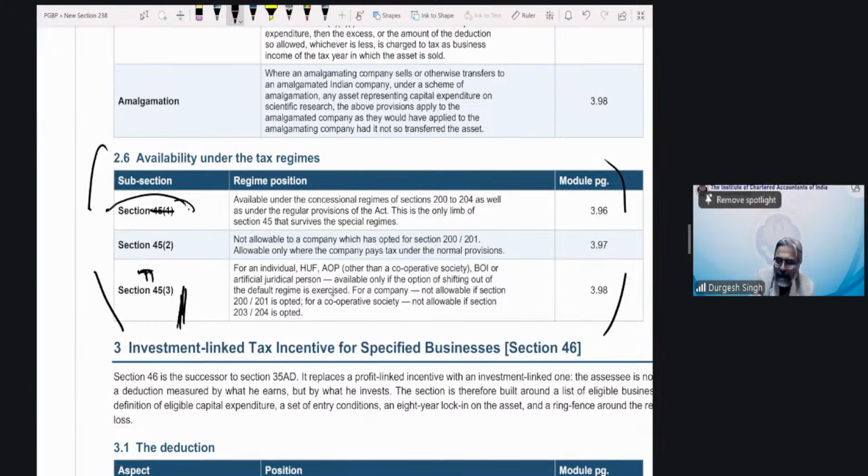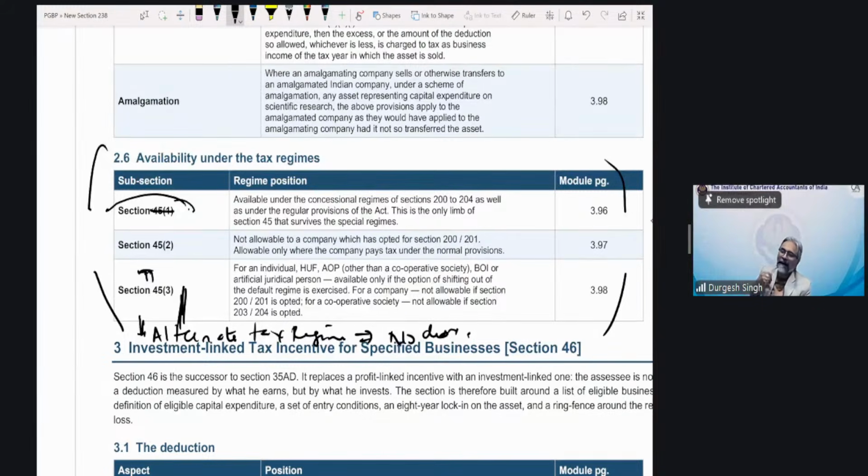If you have taken the alternate tax regime route, then students, what happens? No deduction. No deduction. That is what it is. Means if I am a CA, I have given the donation to IIT.